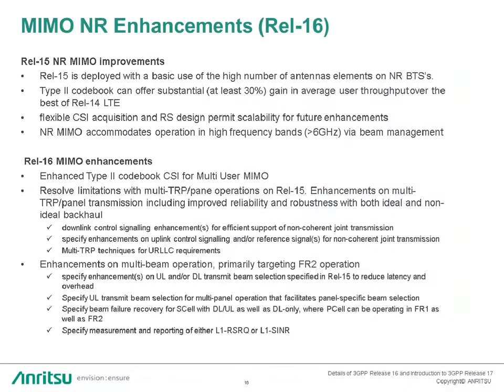So if you look here, if we compare MIMO between release 15 and release 16, release 15 already had a lot of key features. Basically, it was based on a high number of antenna elements. Type 2 codebook was introduced, which was useful for providing better throughput in comparison to release 14 LTE.